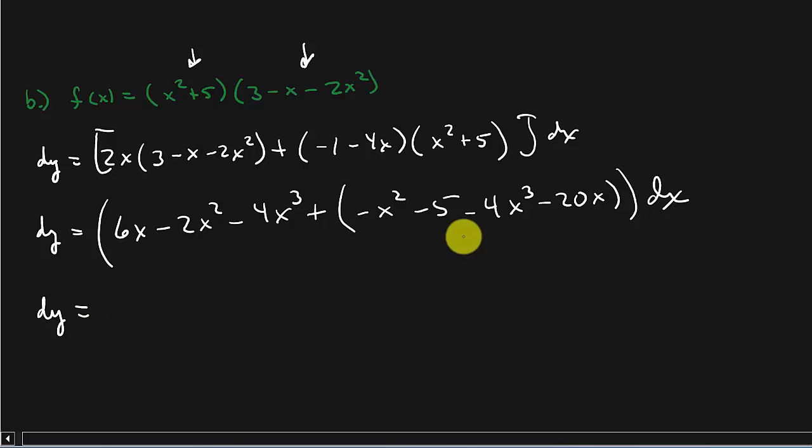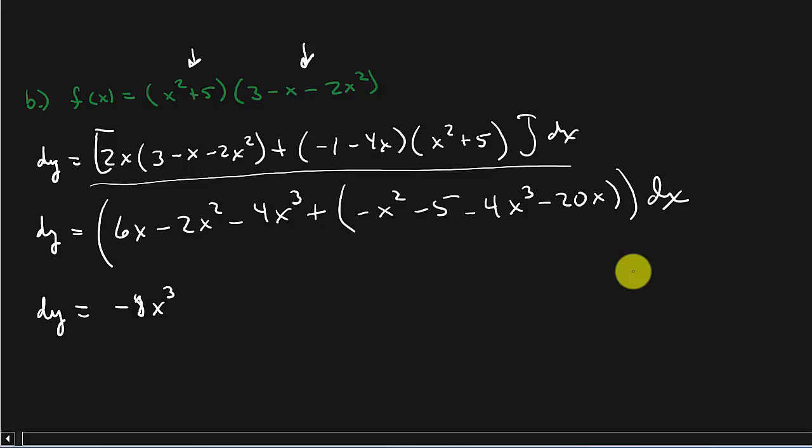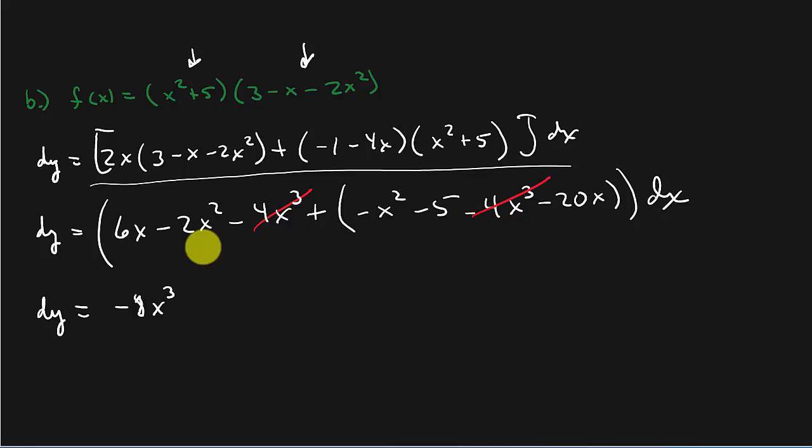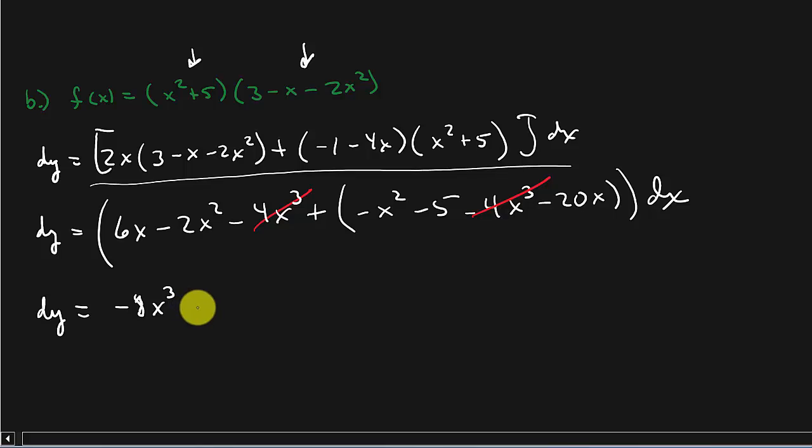Let's see, hopefully I don't make a mistake here. That's going to be negative 8x cubed. You understand how to take the derivative. If I get this wrong, I just made a stupid mistake. Now let's mark these things out as we do them. Those are gone. That's going to be minus 3x squared, that one and that one.